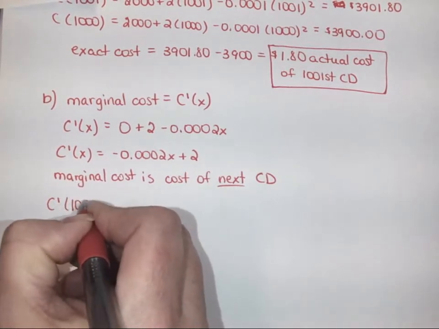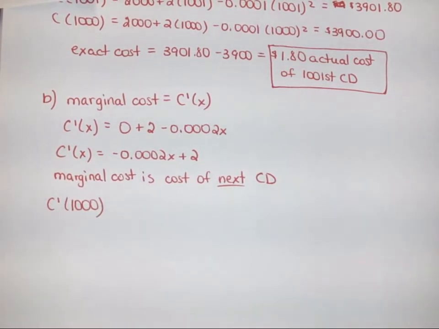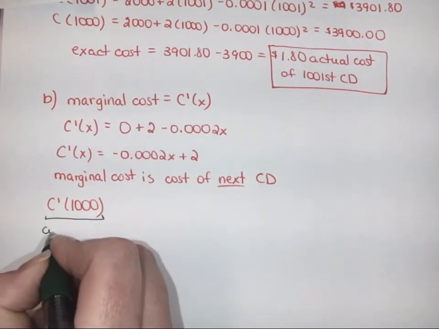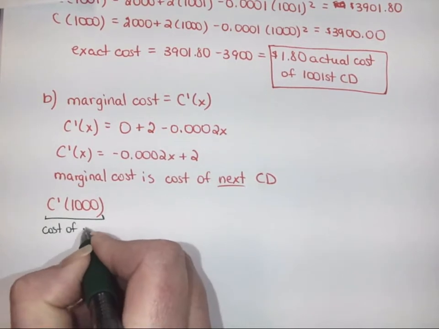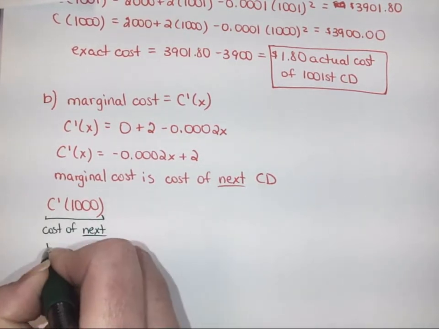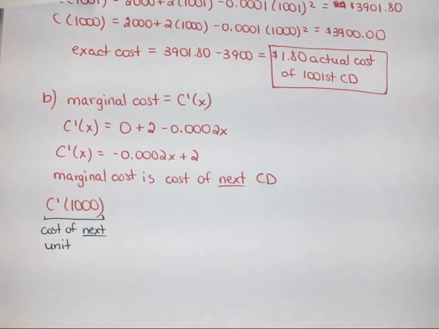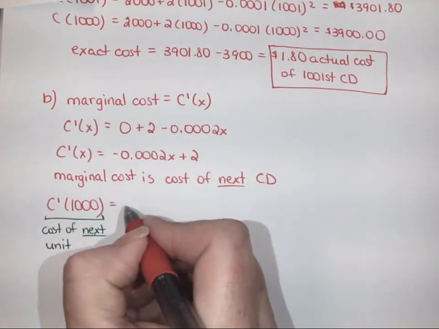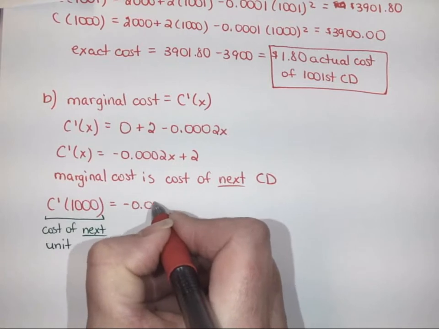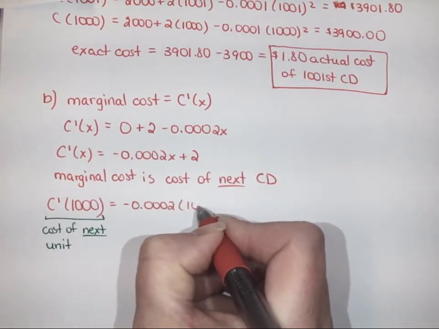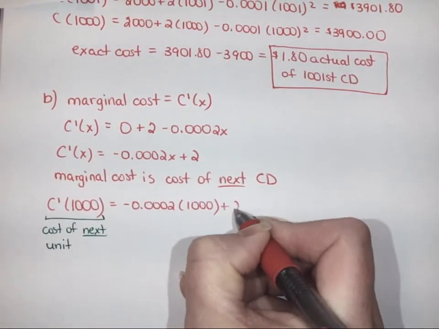So in other words, 1,000 items have been made, and so if I find C prime of 1,000, it's actually literally going to be what I want. This would be the cost of the next unit, which is exactly the one that we want, right? It's literally the one after 1,000, which would be 1,001. So we would do negative 0.0002 times 1,000 plus 2.